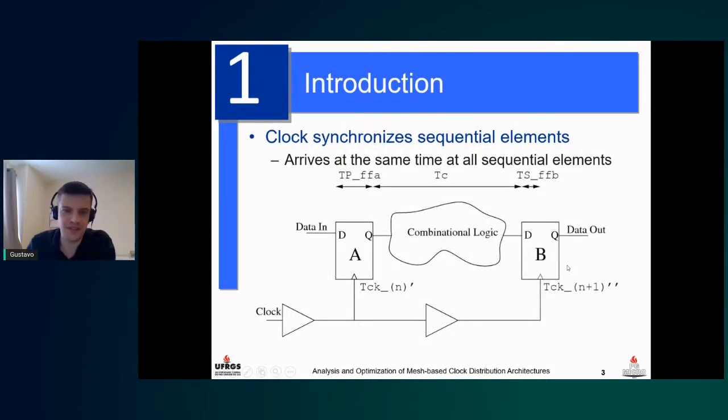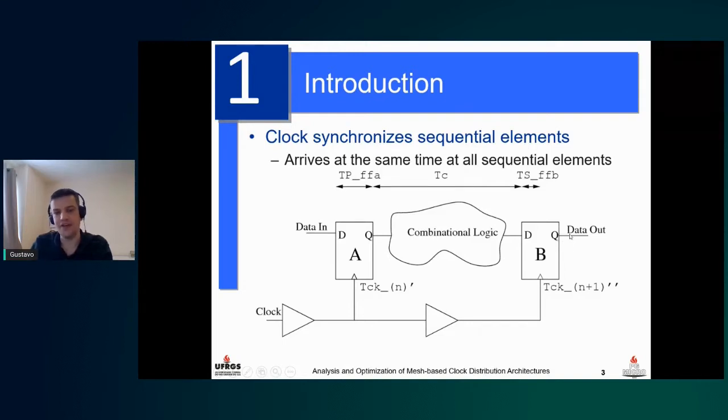Okay, so as everybody knows, the clock is probably one of the most important signals in any synchronous system. It's responsible for synchronizing the propagation of data in the design. And it has very tight time constraints that need to be followed in order to compute the correct data and store the correct data inside each sequential element.